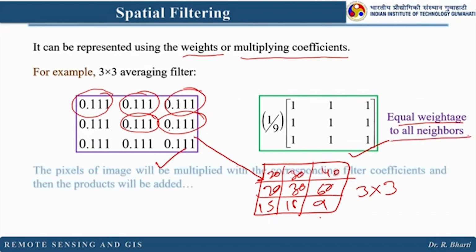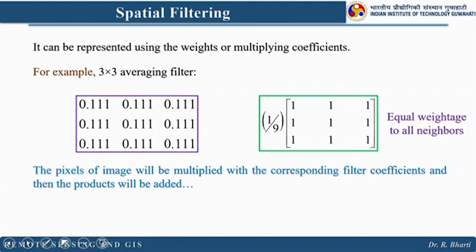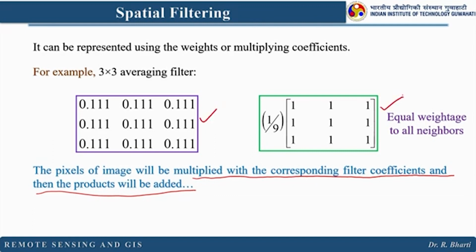The pixel of the image is multiplied with the corresponding filter coefficient, and then the products are added. This is the simple logic for averaging. With this averaging filter, either this or this, the neighboring pixel values are not getting changed, and we are simply doing the averaging for the central pixel.